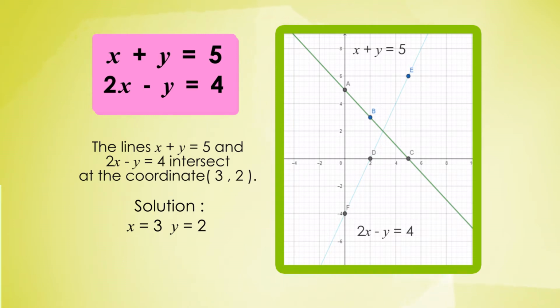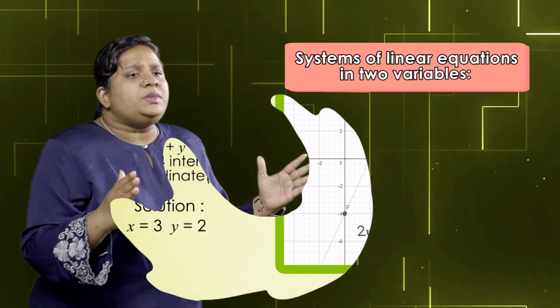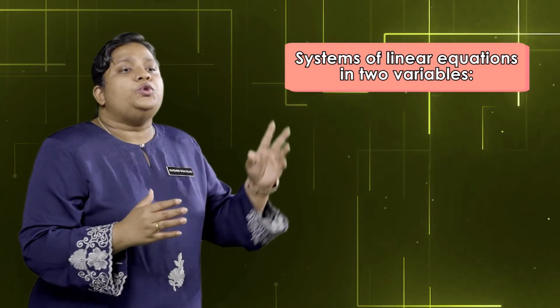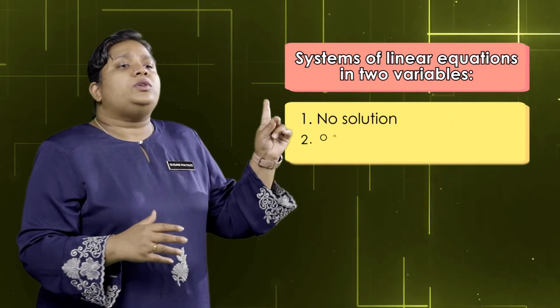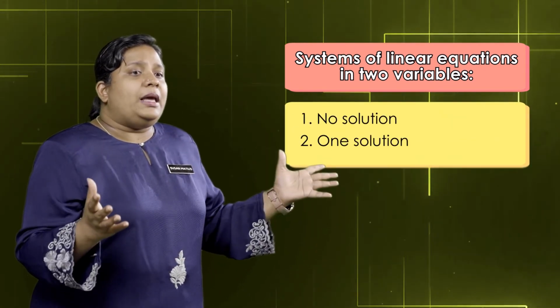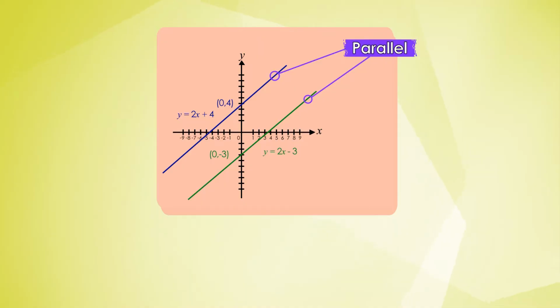There are 3 cases involving solution of simultaneous linear equations. Systems of linear equations in two variables have either no solution, one solution, or infinitely many solutions.